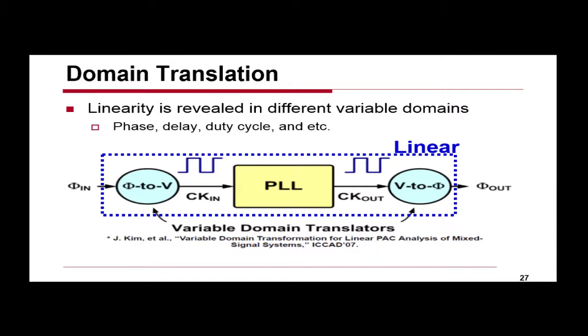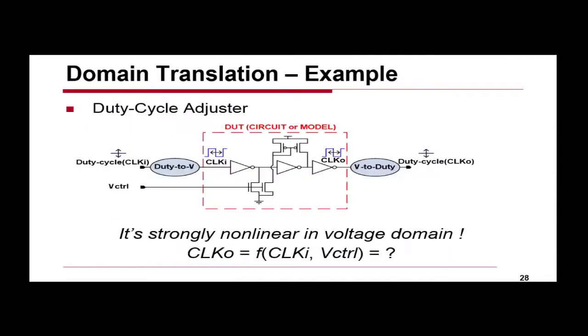And if you look from phase in to phase out, that is, in fact, a linear system, or can be easily modeled by a linear system. So we can write the system model for that as a linear system in phase space. And then in the simulator, we still have square waves in and square waves out, but it's linear in phase, not in voltage. So that handles a whole class of nonlinear systems.